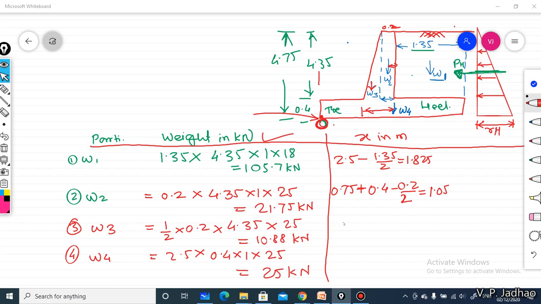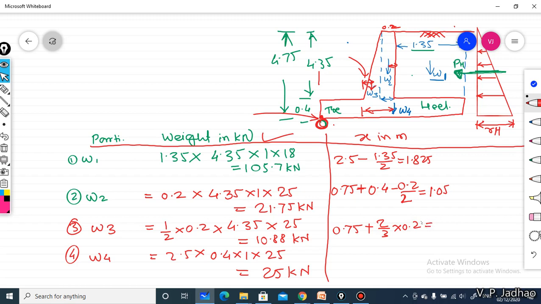The toe projection is 0.75, plus this force will be acting at a distance of 2 by 3 into 0.2, plus 2 by 3 into 0.2.